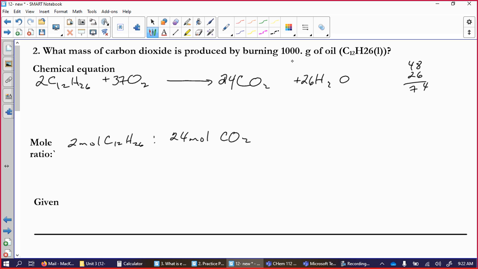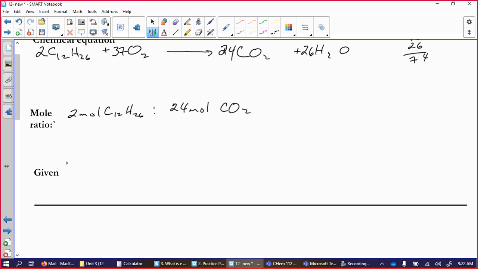We're starting with the same mass, so it's a little bit different in one sense, but most people can't tell the difference that 1,000 grams of that and 1,000 grams of methane contain vastly different amounts of things. C12H26. We want grams of carbon dioxide. So it's the same framework. I don't want grams, so get rid of it.